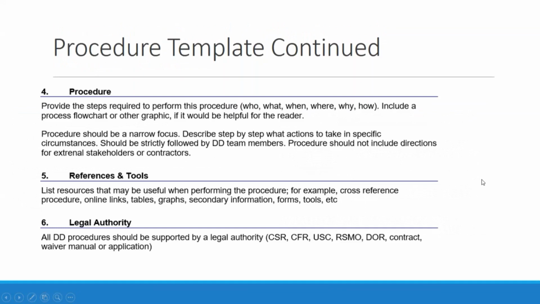Okay, sections 4 through 6. So we have procedure. That is your meat and potatoes of the procedure, of course. This is your actual action steps. This is where you are telling a team member, start here, move here, next step, next step, next step. You've reached your goal here, okay?